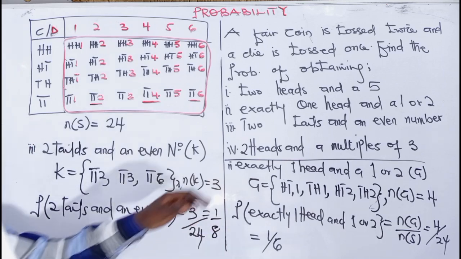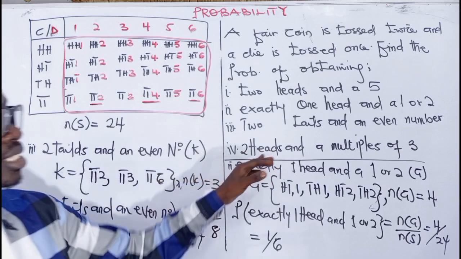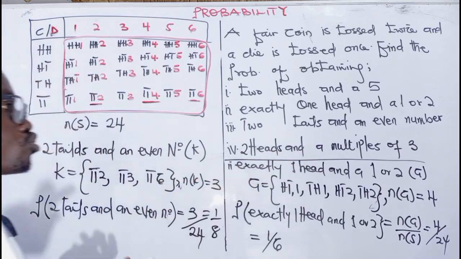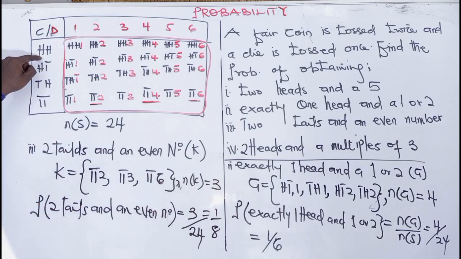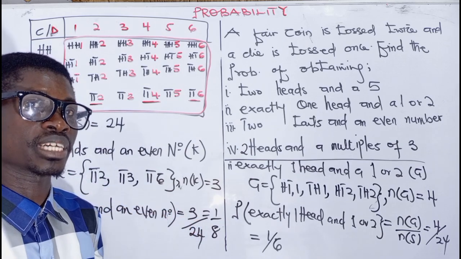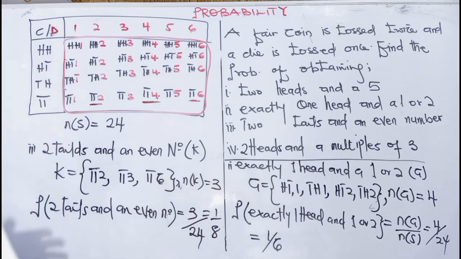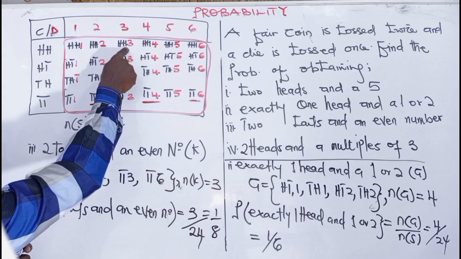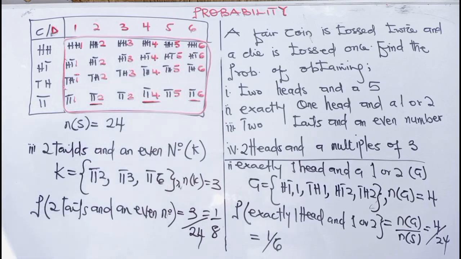I'll leave the last one for you to try your hands on: 2 heads and then a multiple of 3. So this is 2 heads, and then a multiple of 3 means the 3 times table. So we have 3, 6, 9, 12, 15, and so on. So it's going to be HH3 and then HH6.